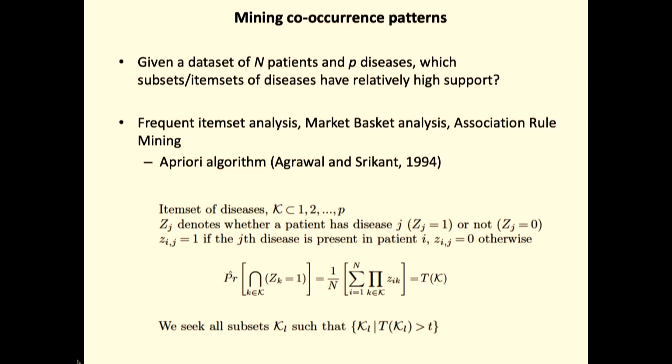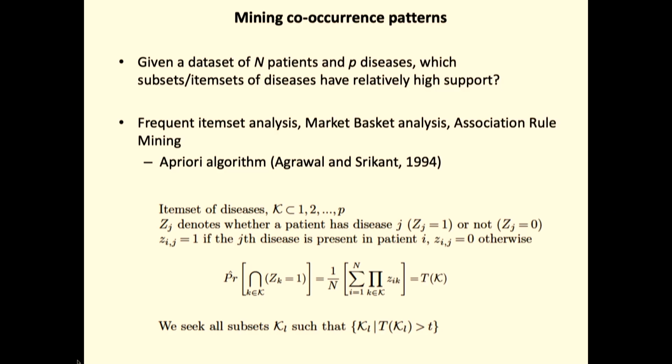So the a priori algorithm, how does it work? It first looks at all individual diseases, and it considers only individual diseases that have a prevalence higher than this pre-specified threshold. Those diseases that have prevalence less than T, or support less than T, it eliminates. Then you have a surviving set of diseases that have support greater than T. You then look at all possible pairs of those diseases, and include only those pairs that have support higher than T. If a pair has support less than T, you discard it.